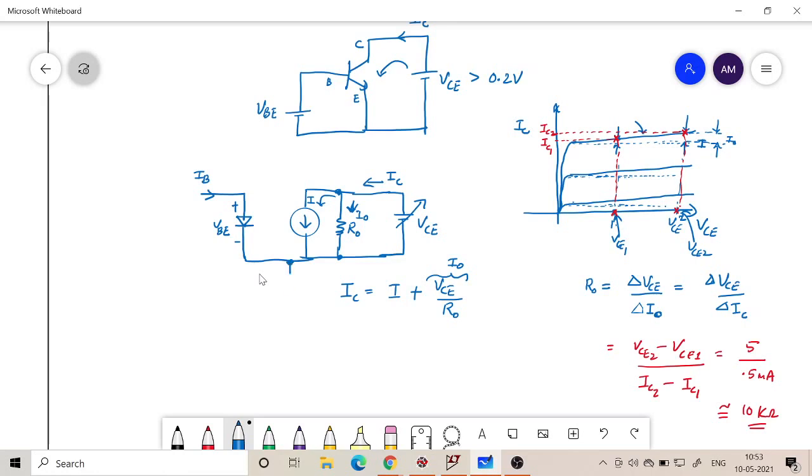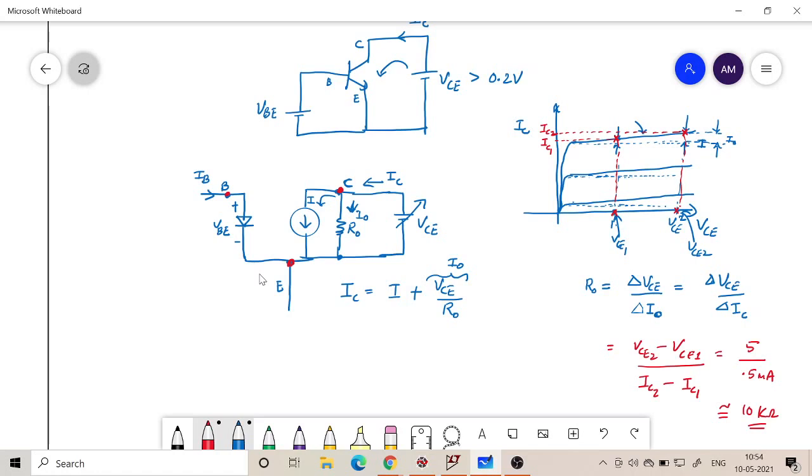So this is our emitter terminal, and this is our base terminal, and this is our collector terminal. So the transistor may be looked at like this. These are the three terminals. Whatever is in between these terminals is the model of the transistor.